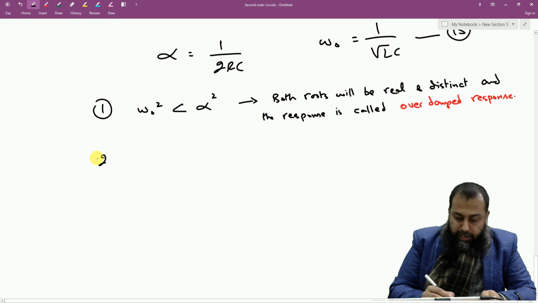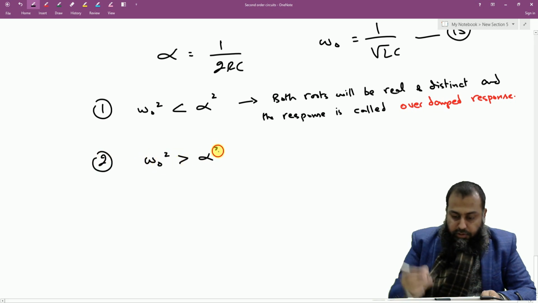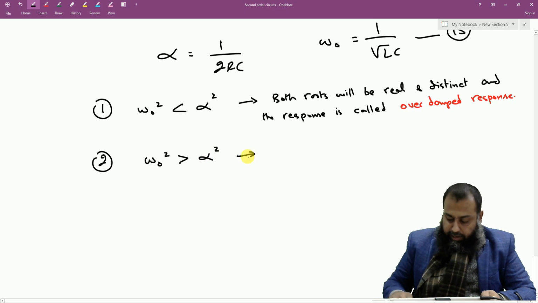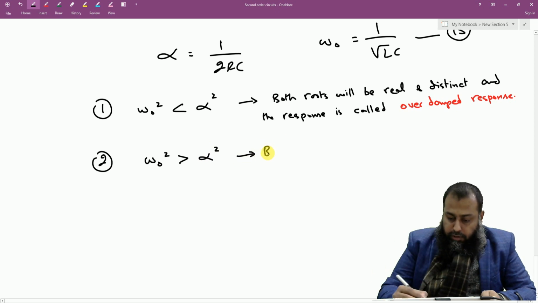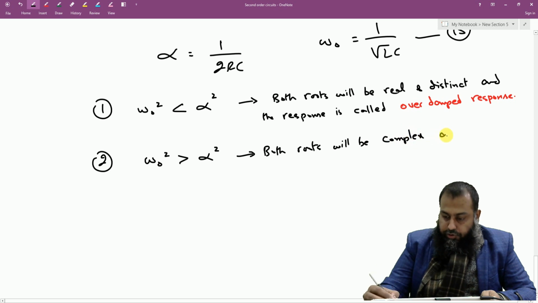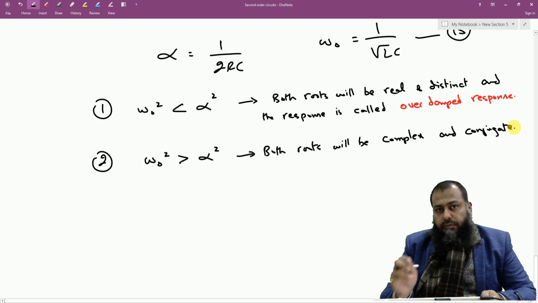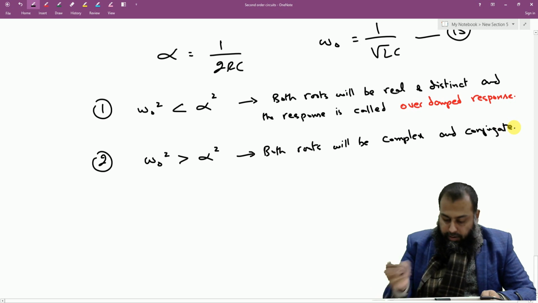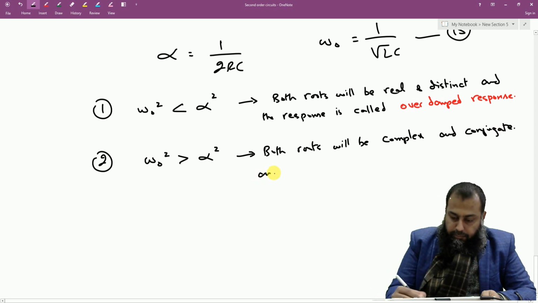The second possibility is that omega naught square is greater than alpha square. In that particular case, both the roots S1 and S2 will be complex and conjugate, and the response of the circuit is known as an underdamped response.